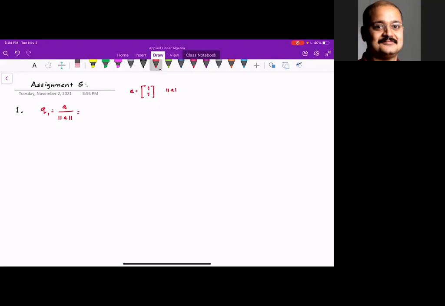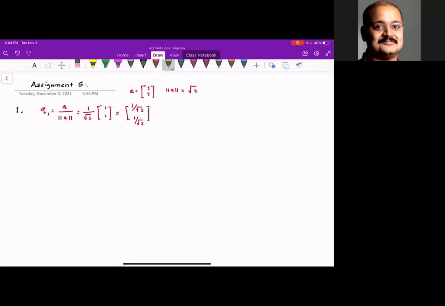Magnitude of A is equal to square root of 2. So you're gonna have 1 divided by square root of 2, times 1, 1. Your Q1 is going to be 1 divided by square root 2, 1 divided by square root 2.